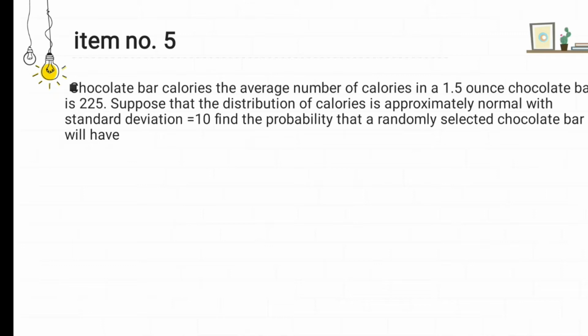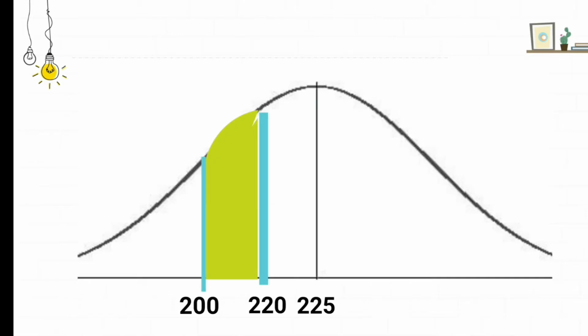We're going to find the probability that a randomly selected chocolate bar will have, for A, between 200 and 220 calories, and for B, less than 200 calories.